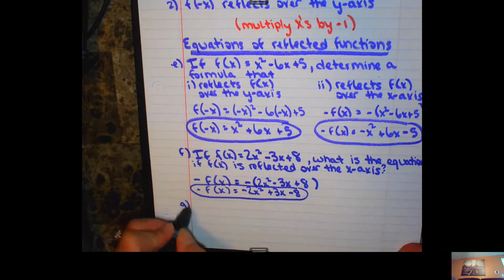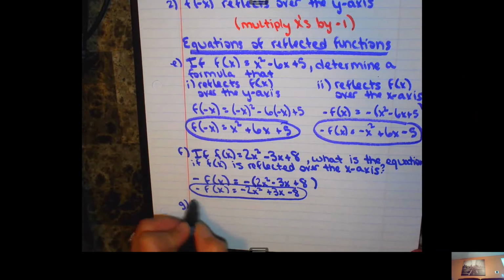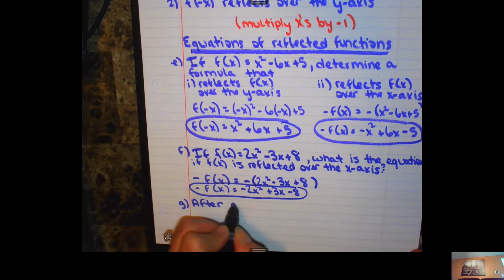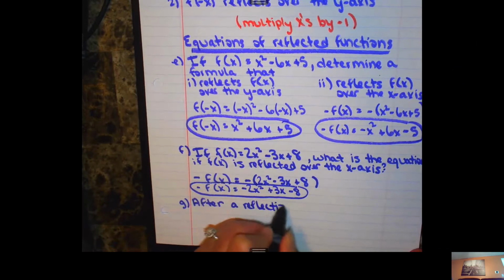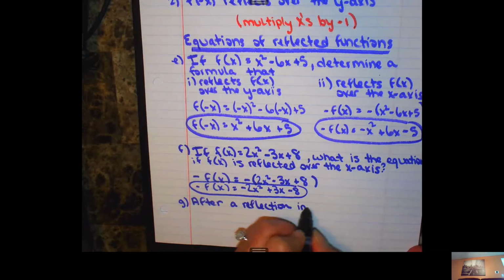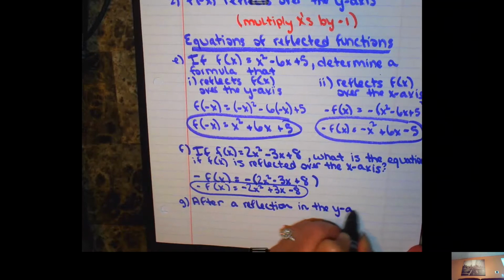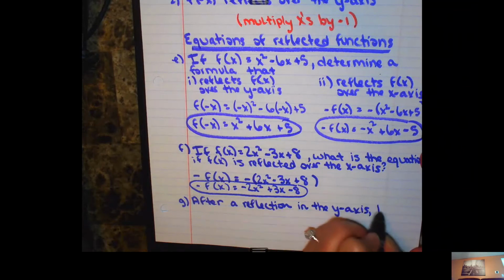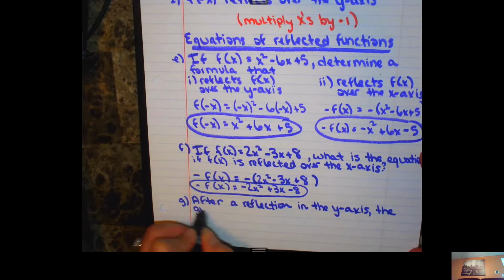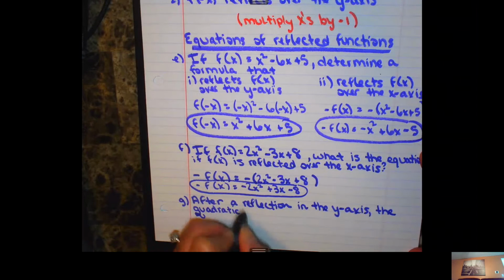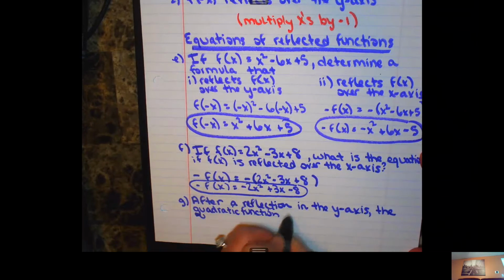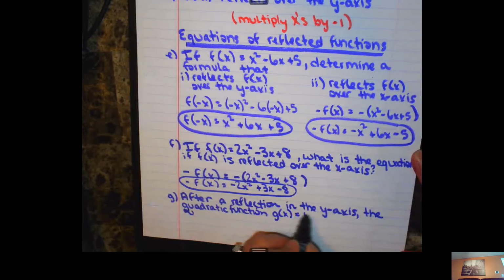Last one, example G. Can you write, after a reflection in the y-axis, the quadratic function g of x equals 4x squared minus 7x plus 2.